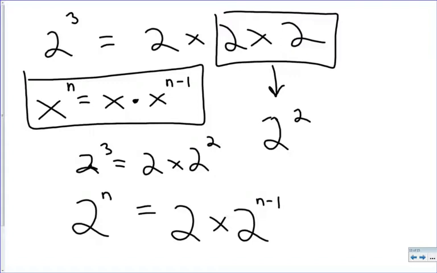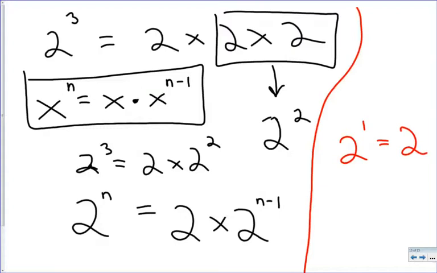Hopefully you guys, through your 11 or 12 years of math education, know what the answer to this question is. What's 2 to the power of 1? 2. Now, 2 squared, I'll give you the answer, is 4. But here's another one. What's 2 to the power of 0? It's 1.